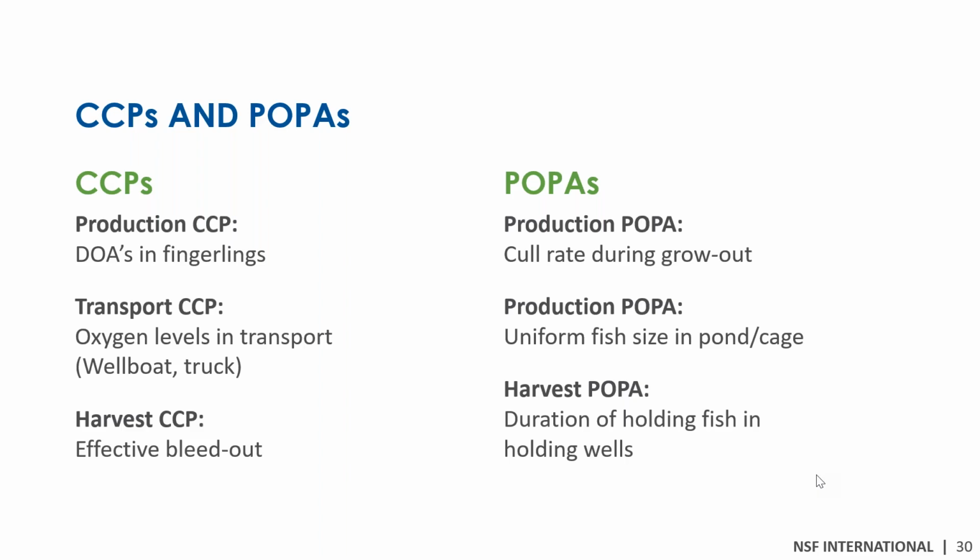For production, cull rate during grow out. You may want to have an improvement from whatever your current one is, your baseline, to a new and improved cull rate. Another production one is having uniform fish size in your pond or cage. And another example from harvest, a point of particular attention would be the duration of holding fish in holding wells prior to harvest.